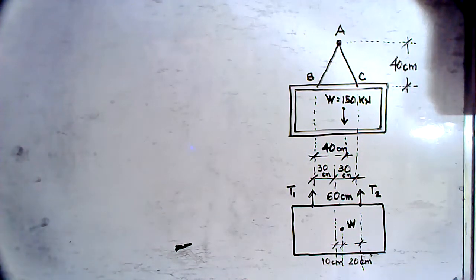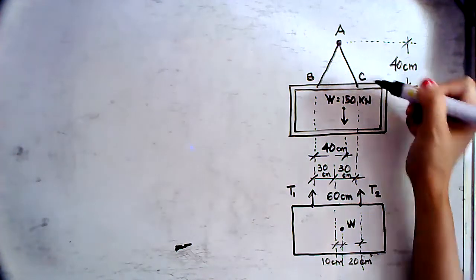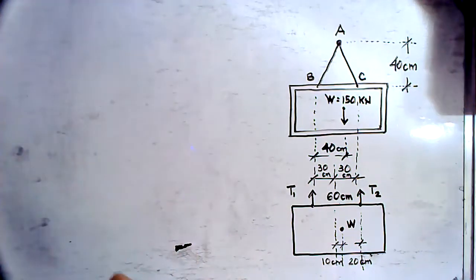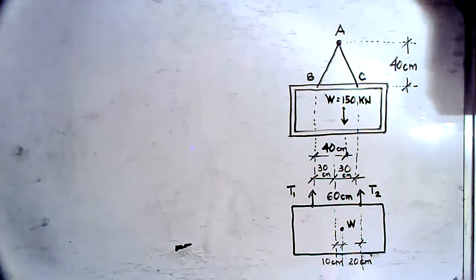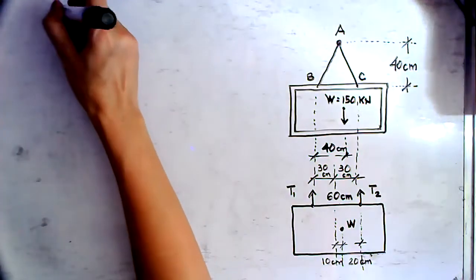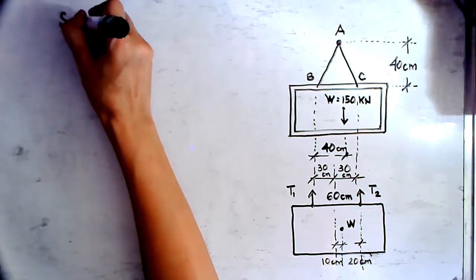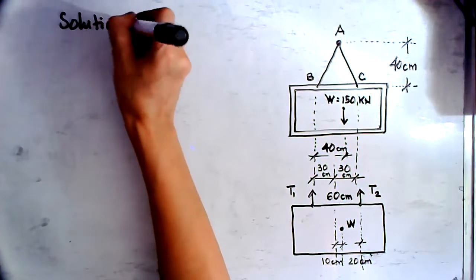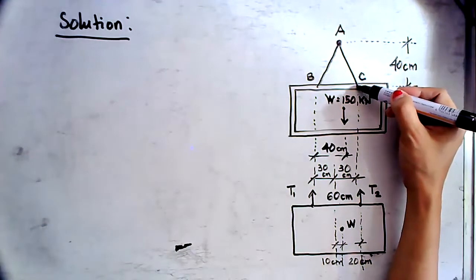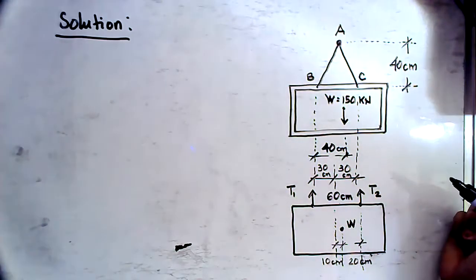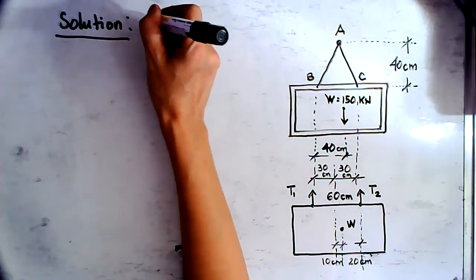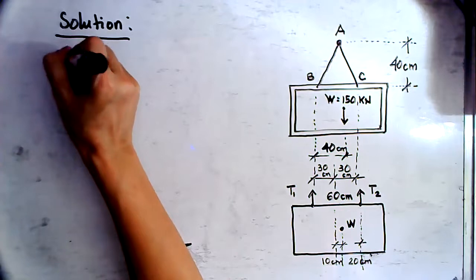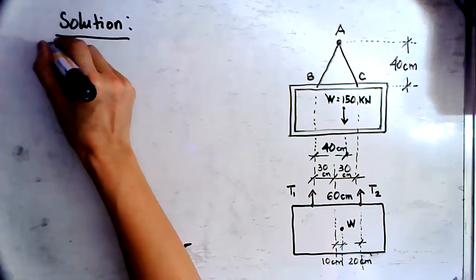Based on the free body diagram, we can now take moment at point C. Take note, what we are going to determine is the tension in cord AB. So to determine the tension in cord AB, all we have to do is to take moment at either point A, point C, or point B. In this particular case, we take moment at point C: summation of moment at point C is equal to 0.